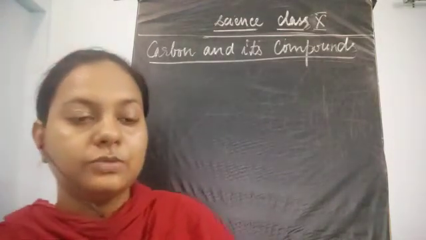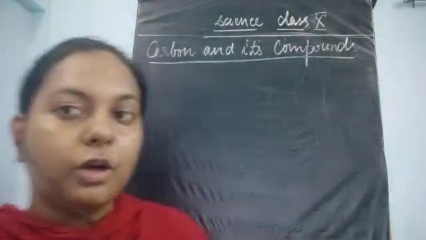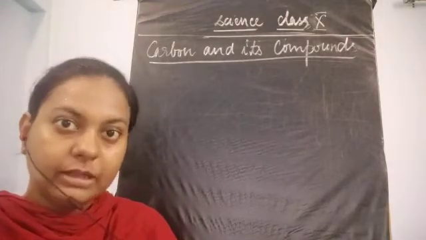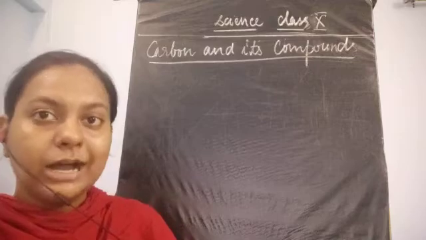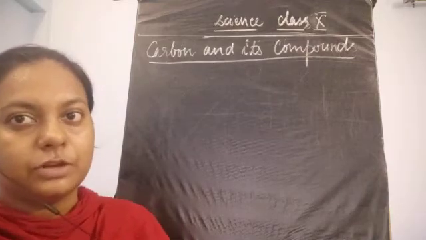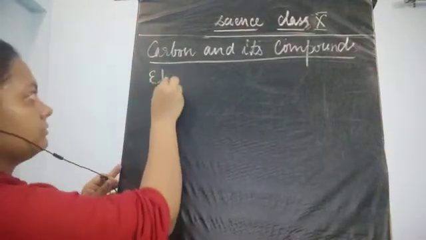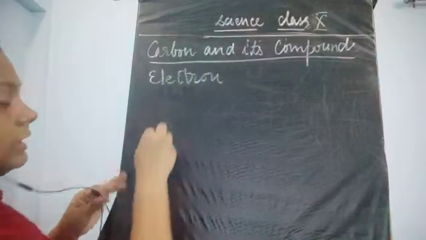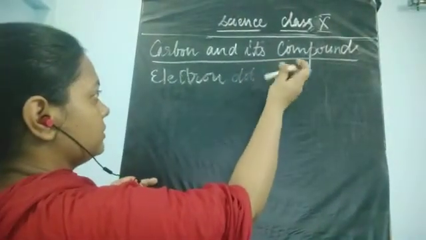So it's necessary to understand the electron dot structure of carbon compounds. It's not only carbon; we'll first see how an electron dot structure is made. So I'll just draw the electron dot structure.